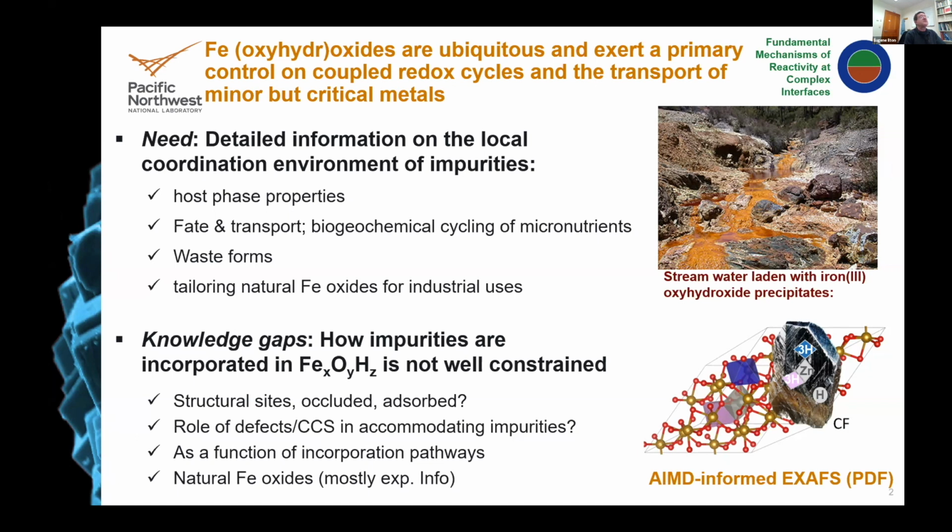incorporated in natural hematite. So the kind of information we're after, and I won't be talking about zinc, but I like this illustration, is here we have zinc incorporated in hematite, and through this AIMD-informed EXAFS approach, what we've discovered is that the zinc is embedded in a protonated iron vacancy configuration. We know exactly where those protonated iron vacancies are.